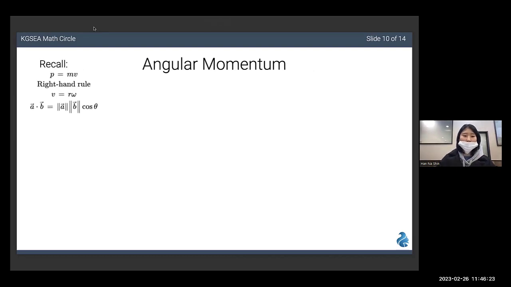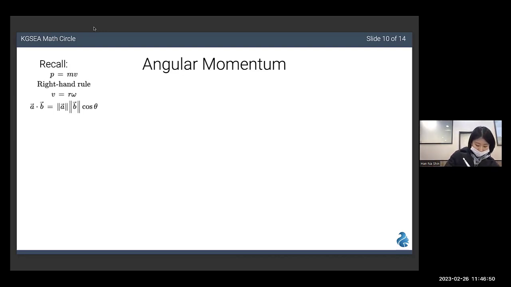Okay, so now let's get into the meat of this video: angular momentum and torque, which will be the topic after this slide. Recall the most crucial relationship we know about linear motion and rotational motion. Rotational motion is linear motion in the presence of r. And because we know that momentum is denoted as p equals mv, we can just multiply r to get angular momentum.